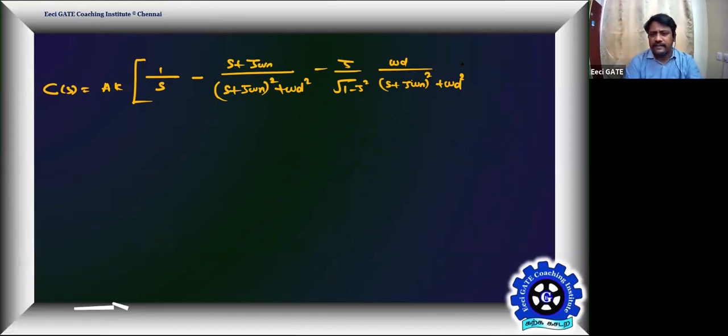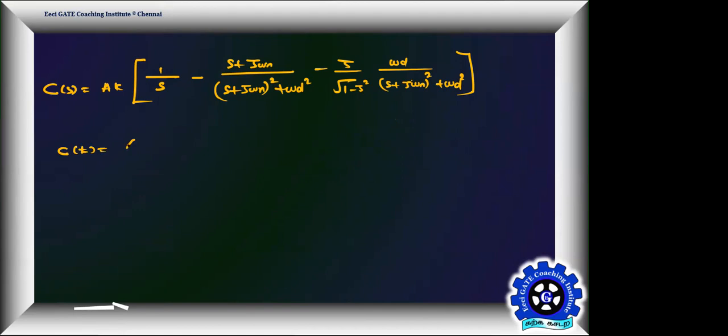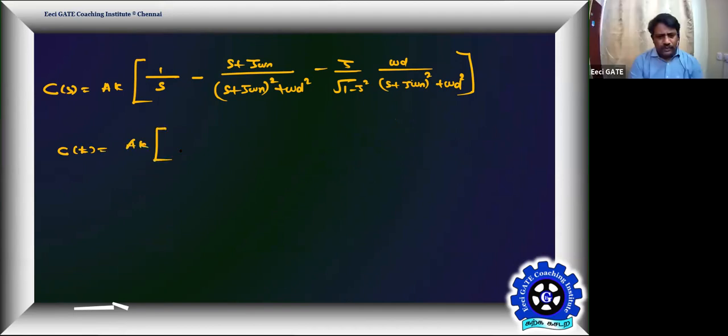Getting? Okay. Yes, apply Laplace inverse now. C of t is equal to AK into 1 by s, which gives u of t, minus this Laplace inverse, S plus a form. So e power minus zeta omega n t into cos omega d t into u of t.